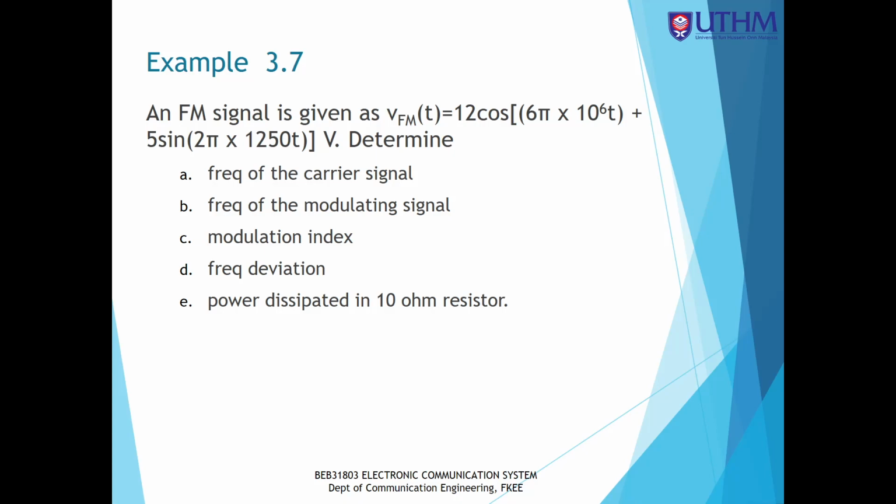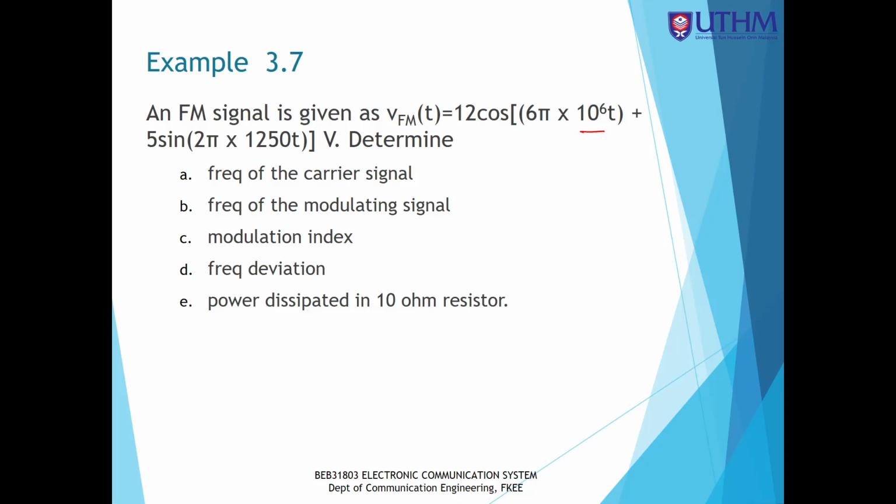Okay, so Example 3.7. An FM signal is given as v_FM(t) equal to 12 cos(6π × 10^6 t + 5 sin(2π × 1250t)). So you see that you are given the complete equation.